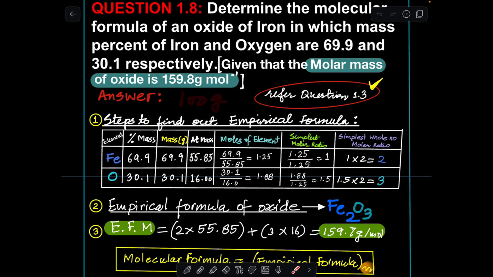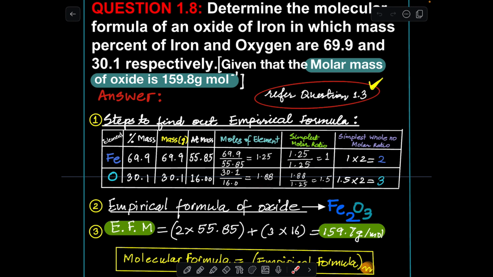And this mass in grams is used with the help of atomic mass to calculate the moles of the element. We know that the number of moles is equal to mass divided by the atomic mass or molar mass. So we will calculate the number of moles of iron as well as oxygen, and it is calculated as 1.25 for iron and 1.88 for oxygen.